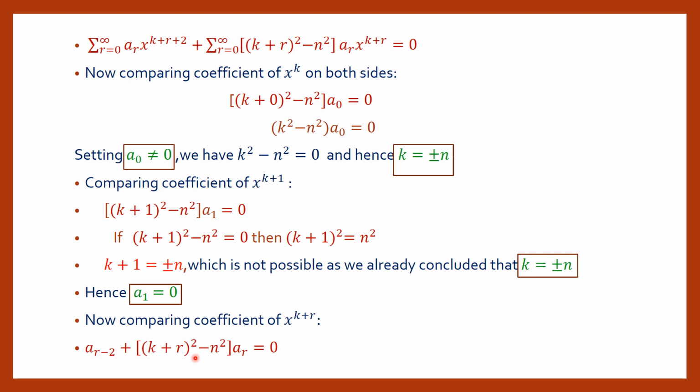Now let us simplify this. So ar minus 2 plus k plus r whole square minus n square ar equal to 0.